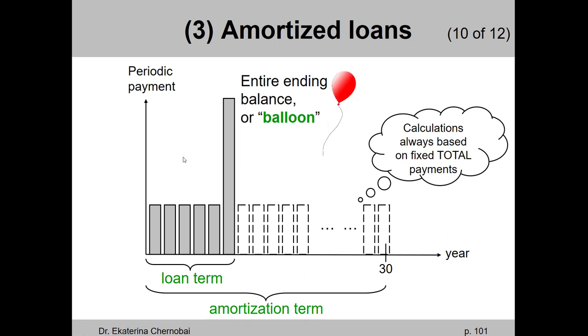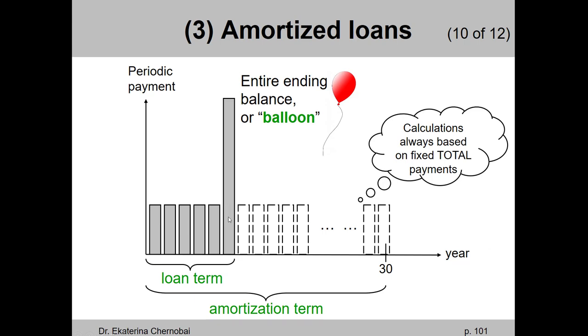So how does it work? This shows on the timeline what's going on. Let's say you take a loan for 30 years, maybe you bought a house. You are supposed to make a fixed total payment every month, as in the real world on a home loan. But you don't do that for 30 years. You prepay the loan at some point, much sooner, let's say you sell your house and move away.